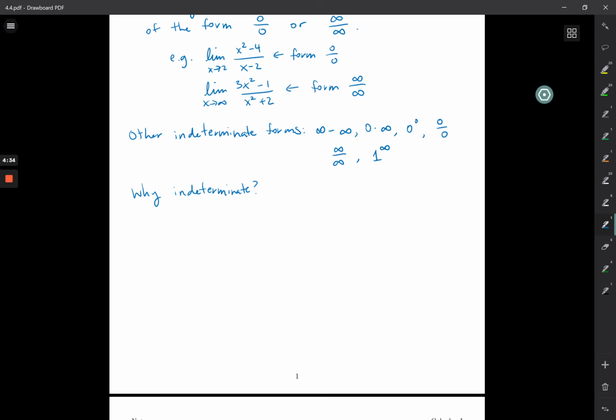For this example, we'll need the fact that the limit as x approaches 0 of x to the n is equal to 0 for any positive integer n. So 1, 2, 3, and so on. And we can see that by just plugging in 0, and it gives us just plain 0, and there's no issues there.